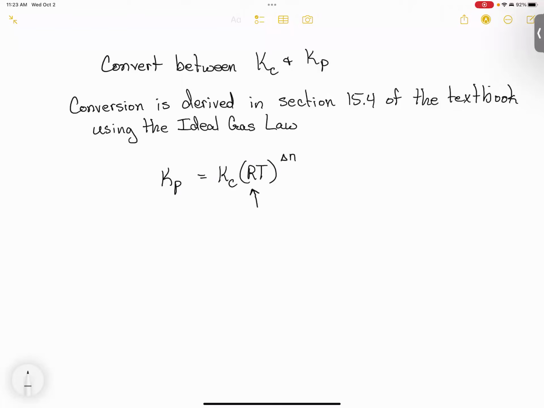In this case, the ideal gas constant is going to be 0.0821 atmosphere liters per mole Kelvin.